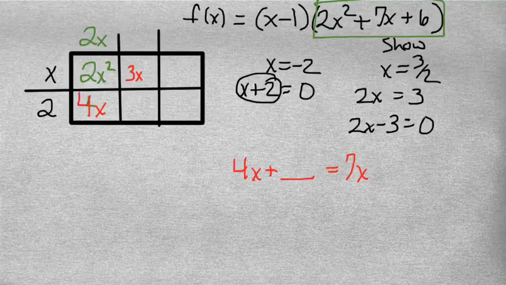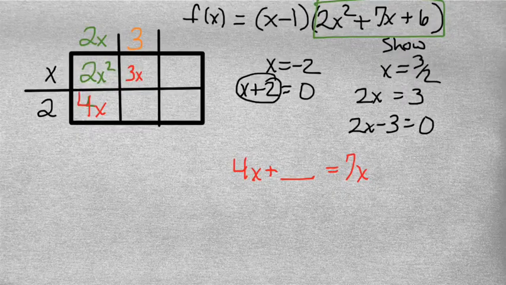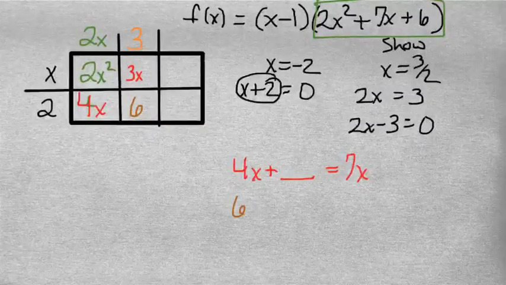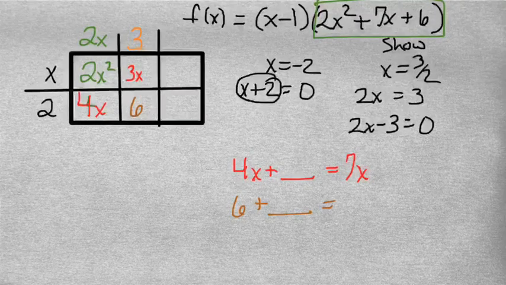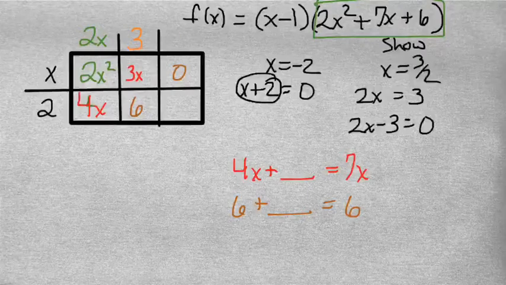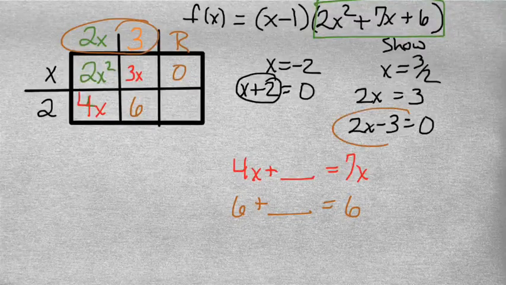And I end up with 3. 3 times 2 is 6. 6 plus something is equal to 6. And that would be 0. And so my remainder is 0. This factor matched this factor.